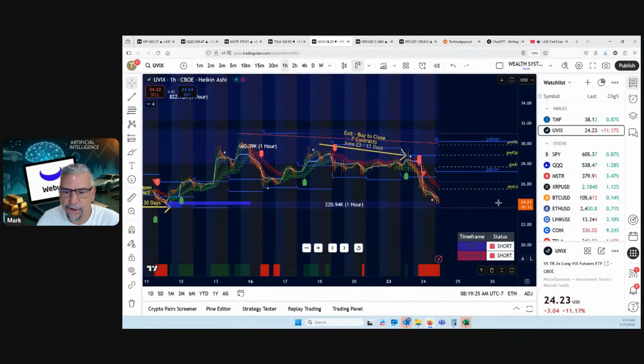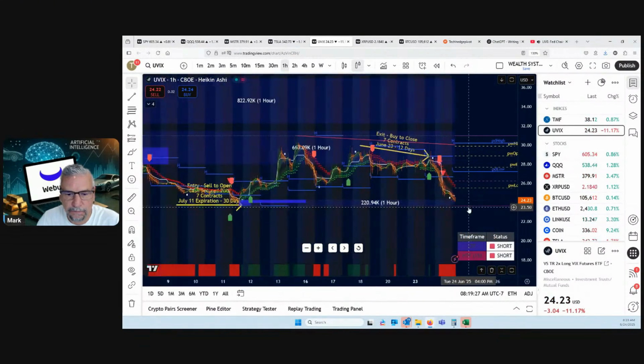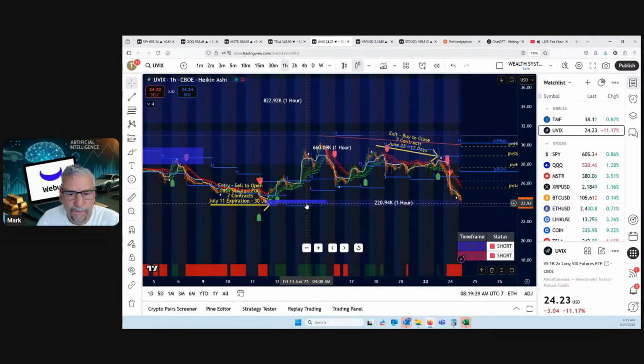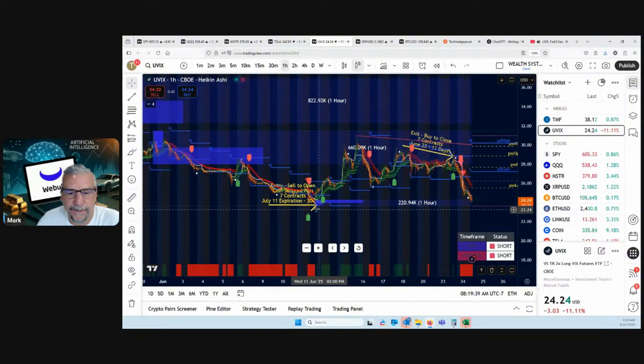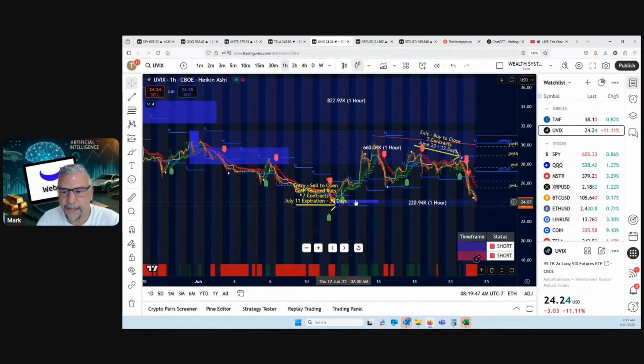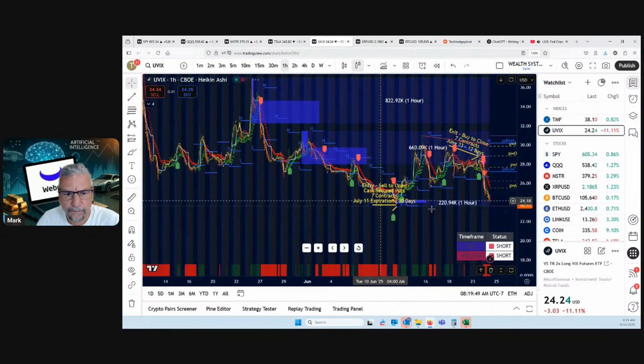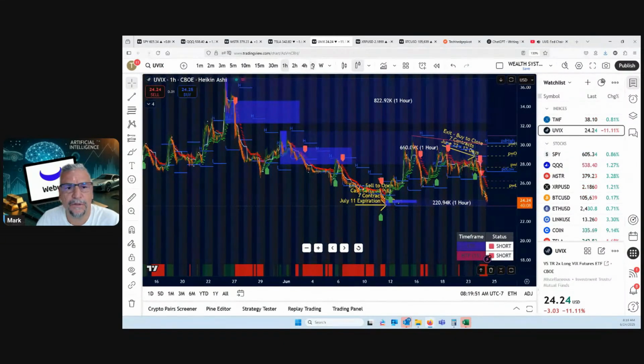You can see here there's a lot of support at the 23.9, 24 range, right at that support. June 11th is the last time we hit that level, and there was a strong bounce.